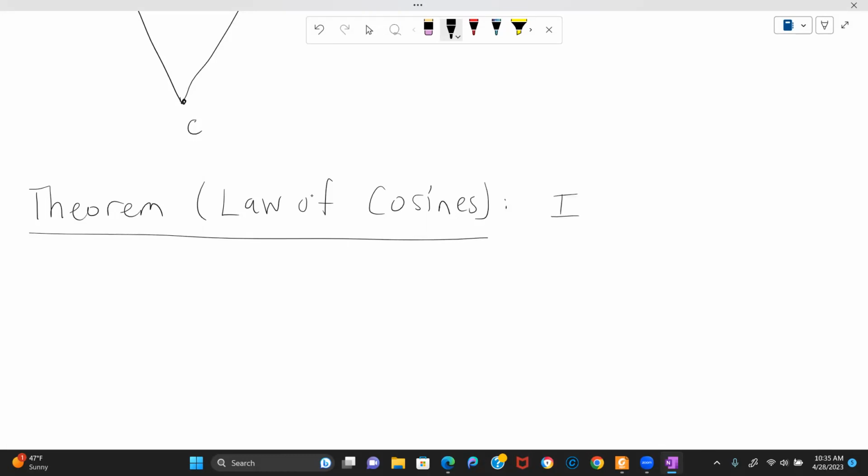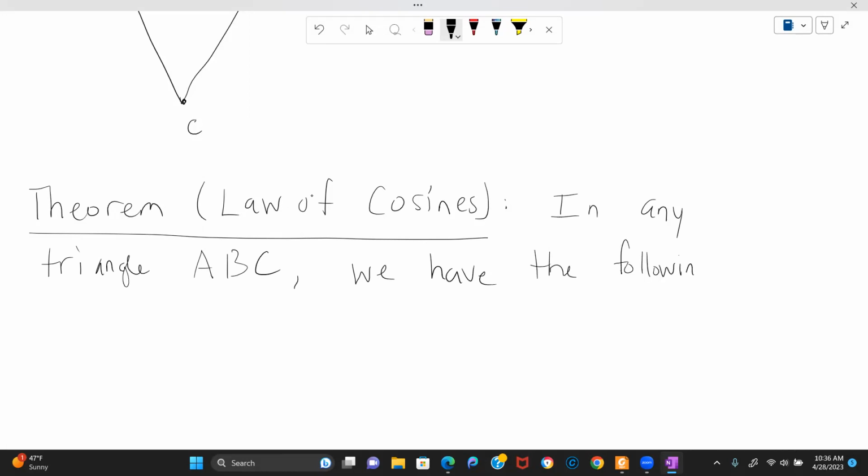It says that in any triangle A, B, C, the following three equations hold.